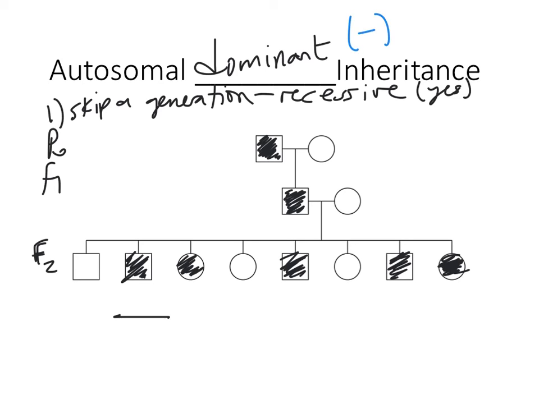So the dominant mutation's minus. So an affected individual has to have at least one minus, right? So the minus mutation is dominant. So this individual either has 2 bad copies of the gene, they're homozygous mutant, or what's the other option? They're heterozygous, plus over minus.